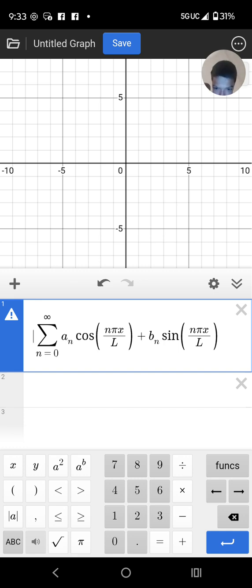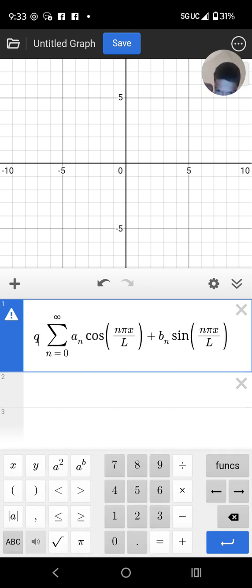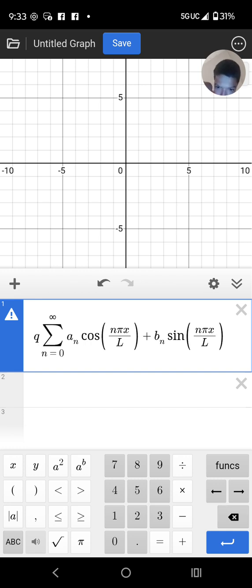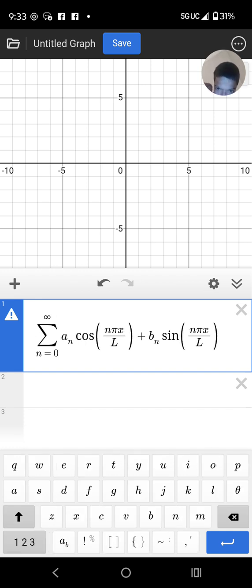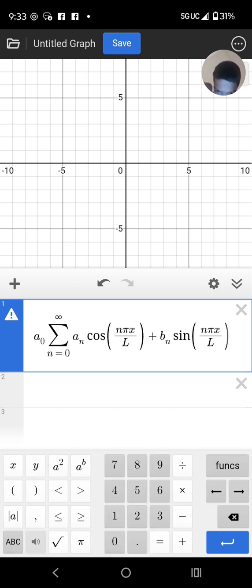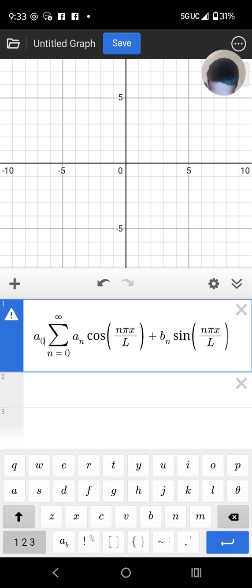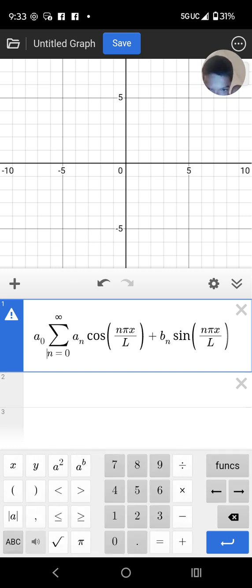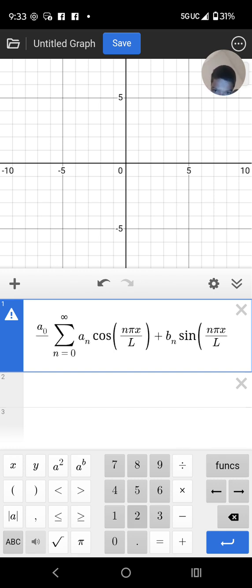Hold on, I forgot something. A sub 0 divided by 2.